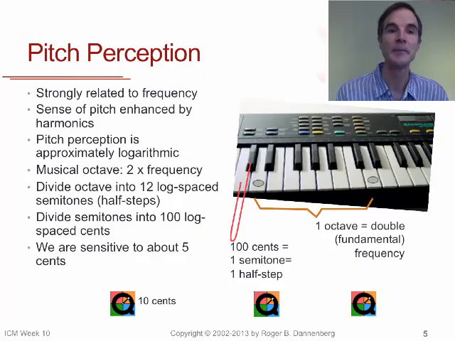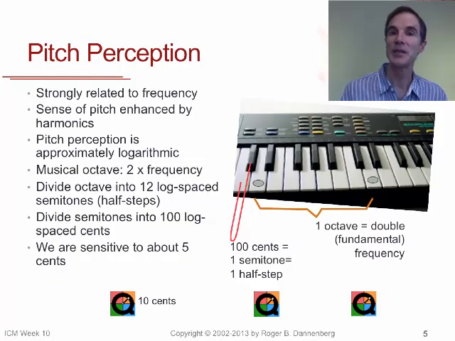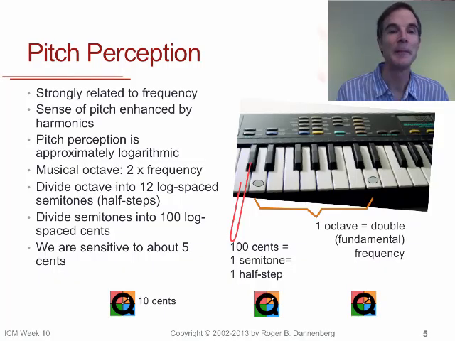of oscillation. Pitch perception is approximately logarithmic, meaning that when the pitch doubles, you hear a certain pitch interval. When it doubles again, you hear more or less the same interval, even though now the frequency is 4 times as high instead of 2 times as high.